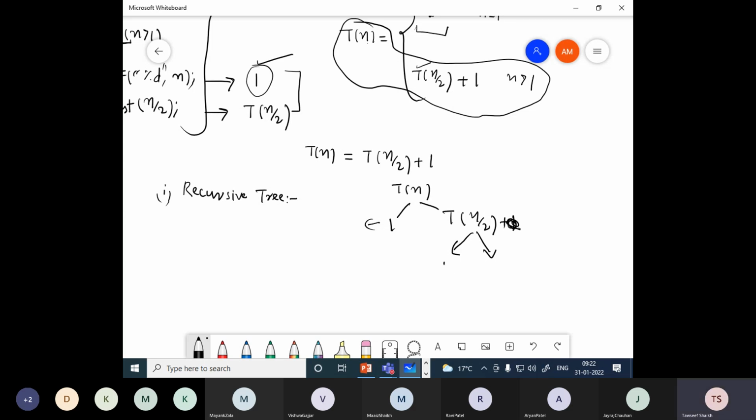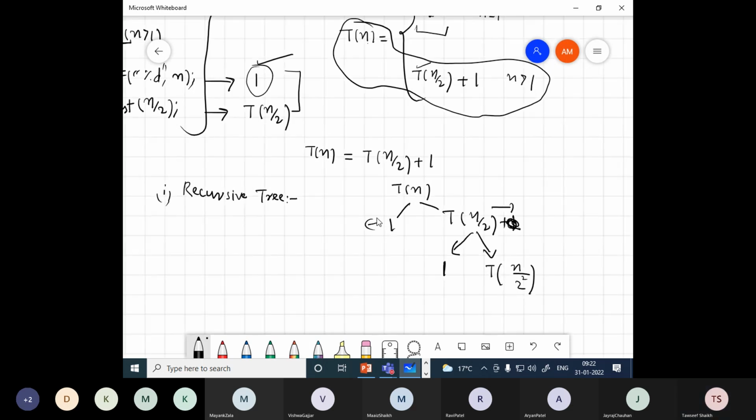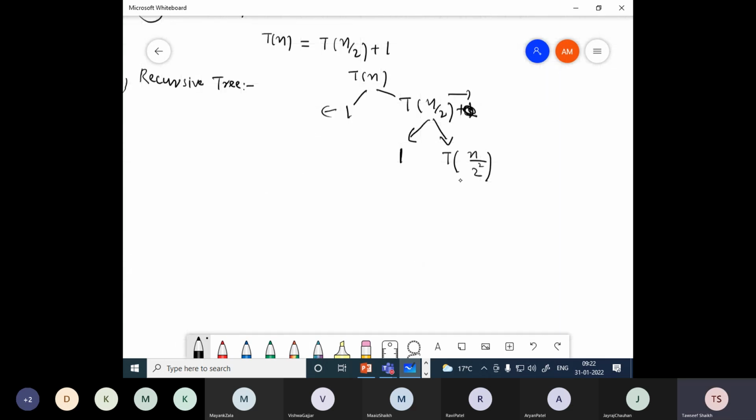So now again here, this recursive call itself will print this statement again, whatever the value of n is, and it will call itself one more time, that's n by 2 power 1, or it will be decreased by a factor of 2 at each iteration.